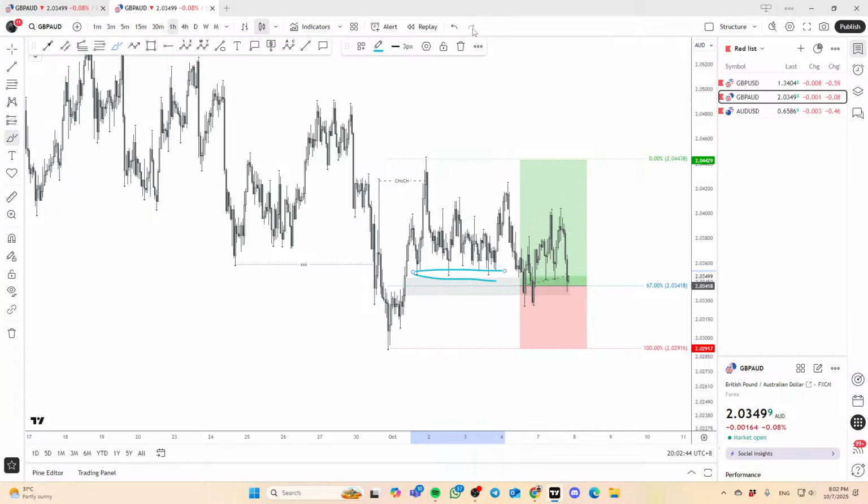So that also strengthens the setup itself. And you can see, yesterday morning, we had that very nice little reaction, where the price tagged it and did move towards our target by more than 50%, right?